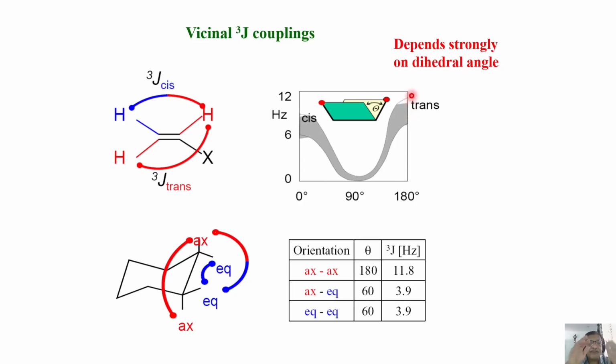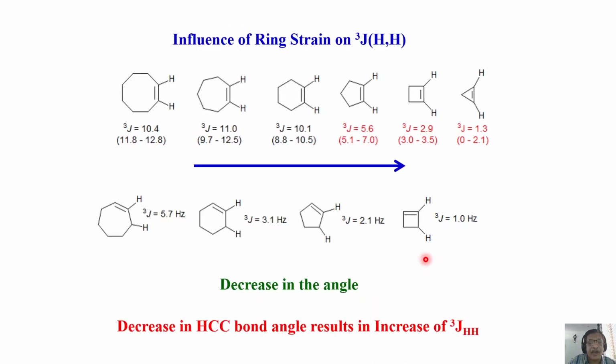So the 3-bond vicinal couplings give an idea about axial-axial, axial-equatorial, and equatorial-equatorial orientation. Depending upon the angle theta, you have different coupling strengths, so you get information about the conformation of the molecules.